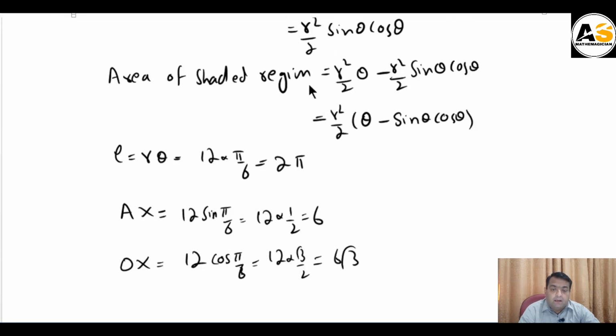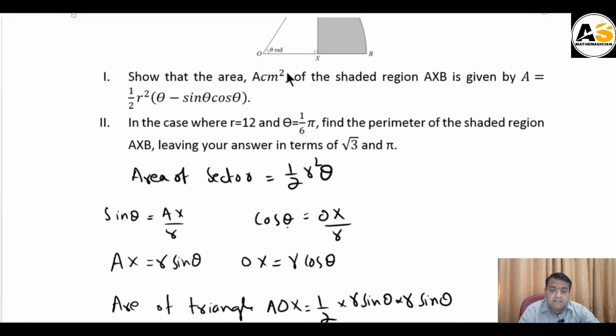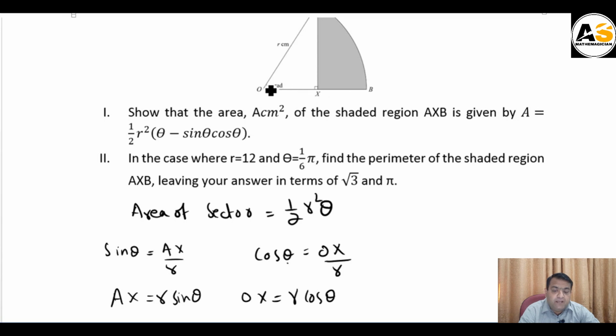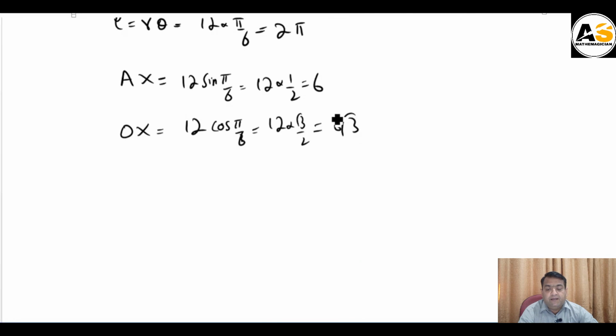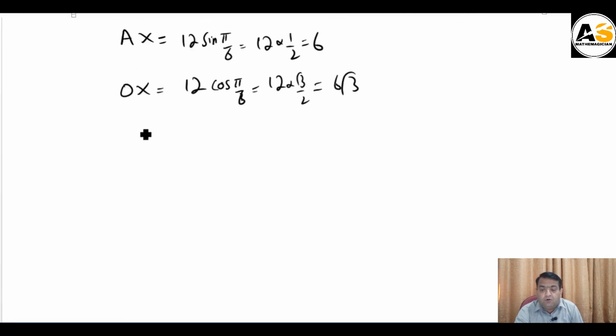Now, this is 6 under root 3. This is 12. So, XB is 12 minus 6 under root 3. AX is 6 and arc length is 2 pi.